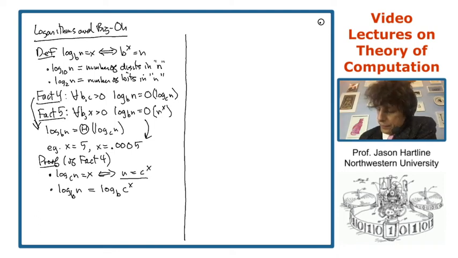I'm now going to use the fact that if I have a logarithm where I've raised the number to a power, I can bring the power outside the logarithm. This is a basic property of logarithms, that log base b of c to the x is equal to x times log base b of c.